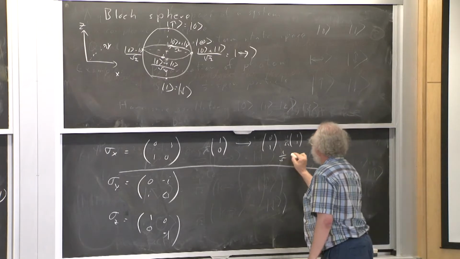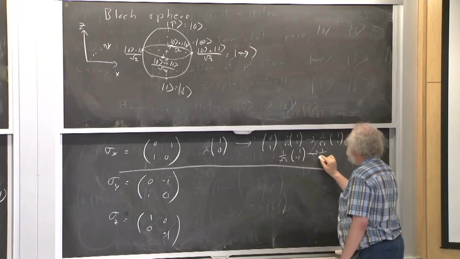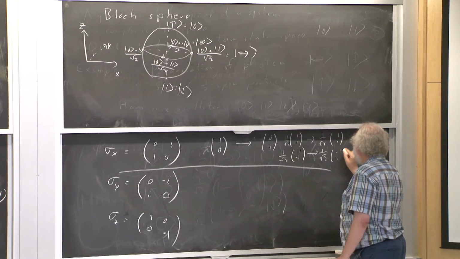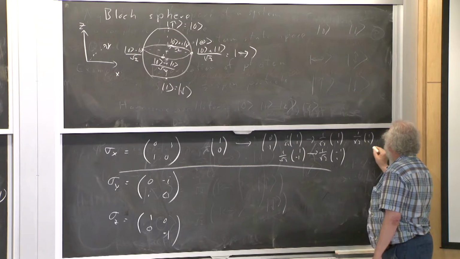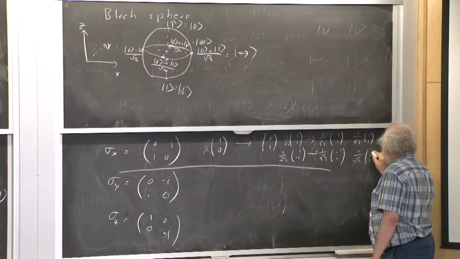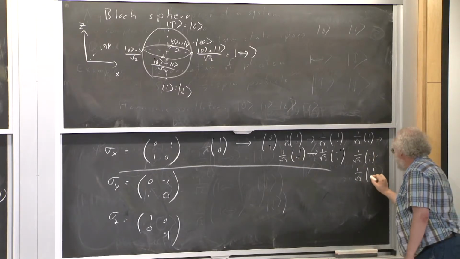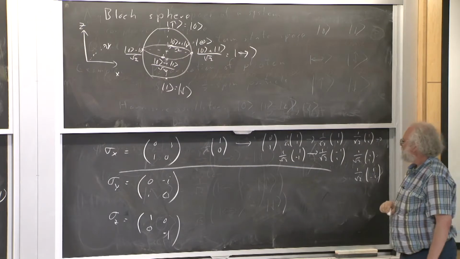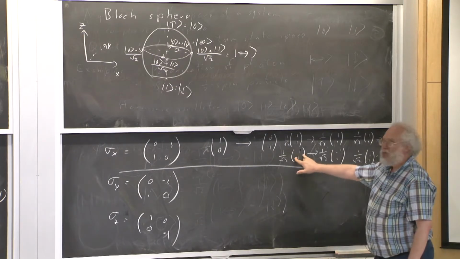1 over root 2, 1, minus 1 goes to 1 over root 2, minus 1, 1. 1 over root 2, 1, i goes to 1 over root 2, i, 1, which happens to be equal to 1 over root 2, 1, minus i. But this is just the negative of this.